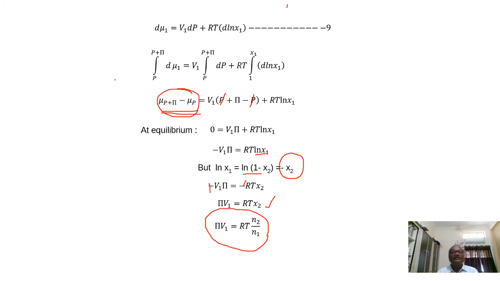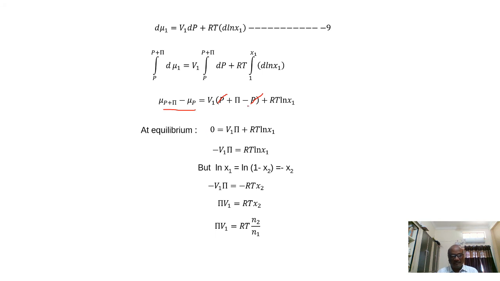So we got finally: mu of p plus pi minus mu of p is equal to v1 into the integral of dp within the limits p to p plus pi. On substituting the limits, v1 into p plus pi minus p, plus RT log x1, where p and p will get cancelled, and at equilibrium both of these become equal, so this part becomes 0.